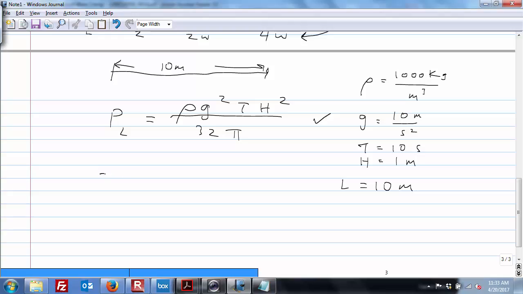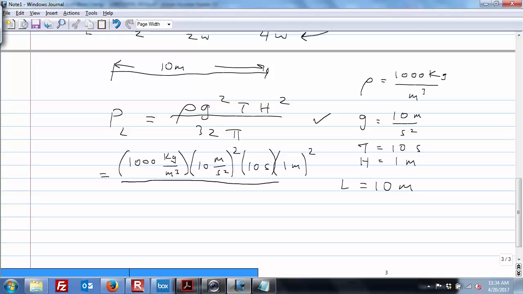So the power per unit length equals 1,000 kilograms per cubic meter times 10 meters per second squared, and remember we have to square this. T is equal to 10 seconds, and H is equal to 1 meter squared.